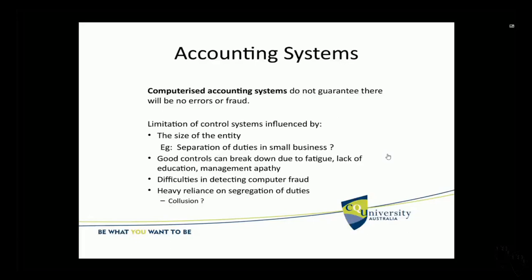Again, even the best controls can break down due to fatigue, lack of education, management apathy, and I've seen management apathy happen all the time, particularly in not-for-profit organisations, because those running them have seemed to me to be very compassionate people, and so their employees will come to them and say, look, I really need blah, blah, blah, can you help me out.